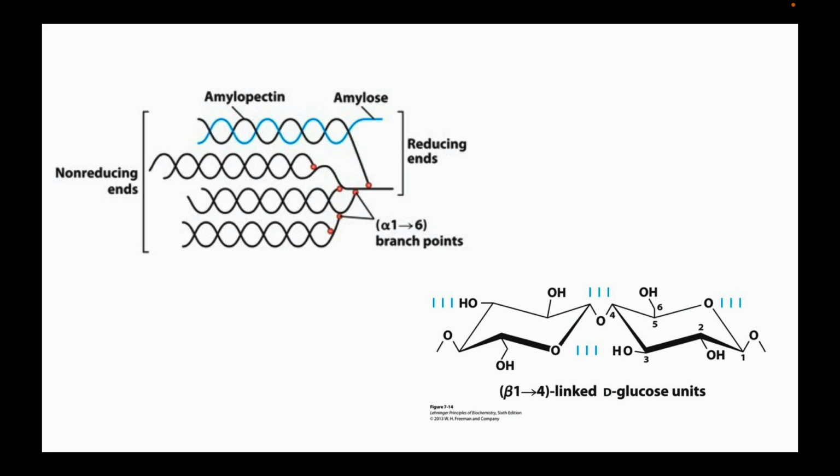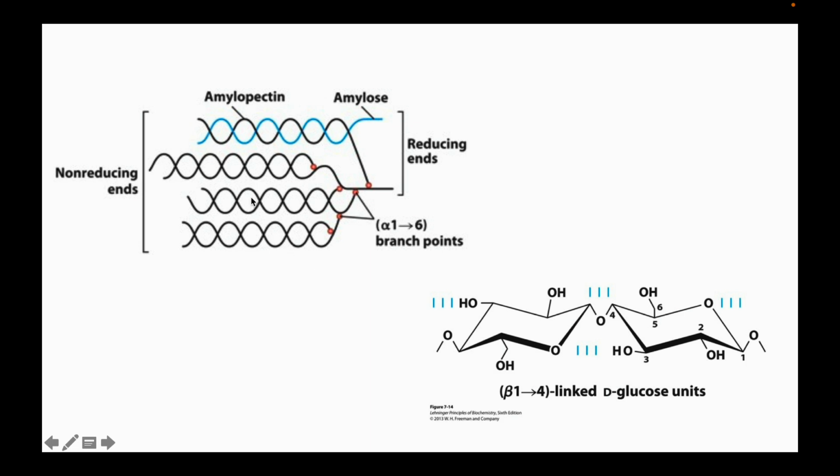There is one striking difference between starch and glycogen, and that is that glycogen has much more branching. In starch, as you can see, this blue chain is amylose, and we have a branching here.